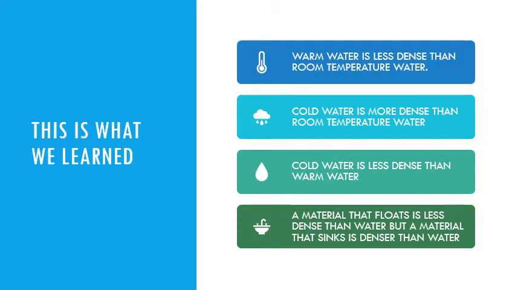This is what we learned. Warm water is less dense than room temperature water. Cold water is more dense than room temperature water. Cold water is denser than warm water. And a material that floats is less dense than water, but a material that sinks is denser than water.